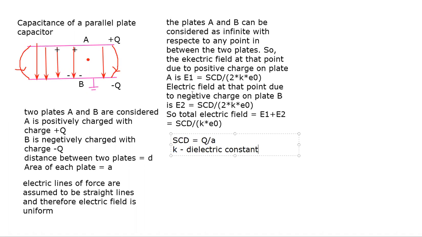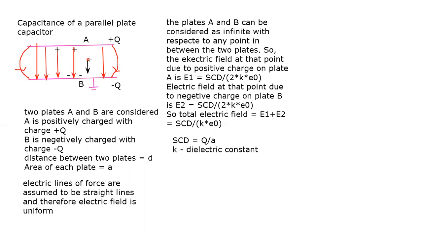Okay. So the electric field at this point due to the positive charge of plate A is SCD by 2 into K into epsilon 0, and its direction is important. As it is a positive charge, and always in order to find the field we place a unit positive charge, the electric field is directed in this direction.